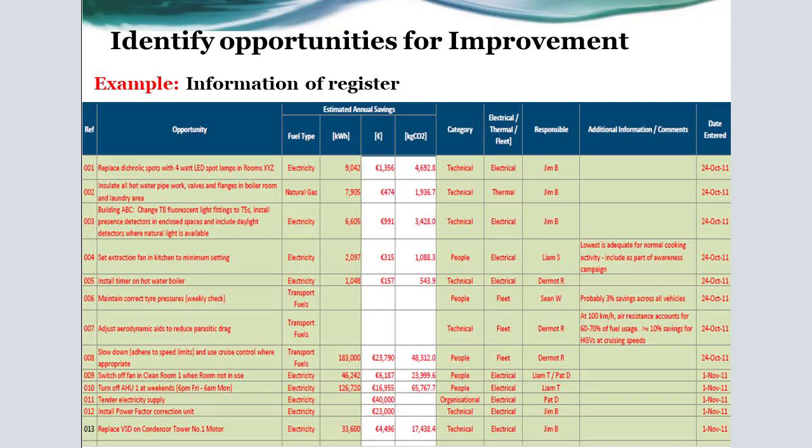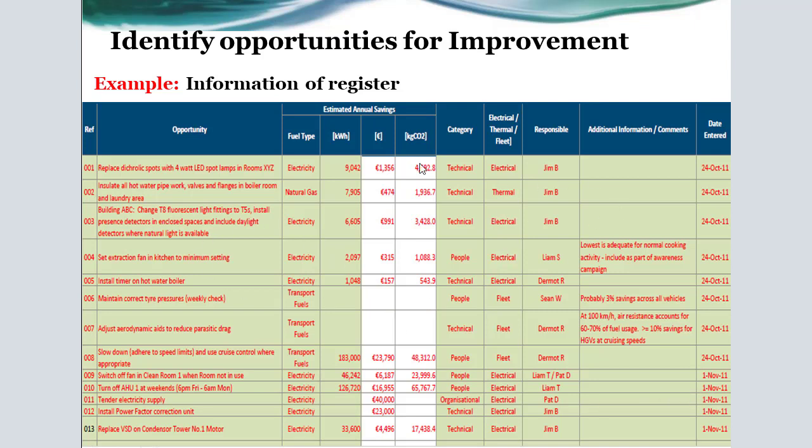And this opportunity talks about turning off the AHU at weekends for an unspecified facility, belonging to the behavior of people, and electrical, and this is the responsible person or team, and this represents the date.